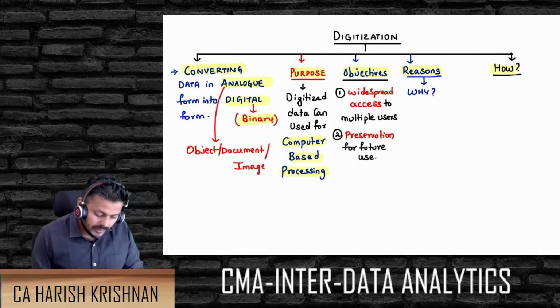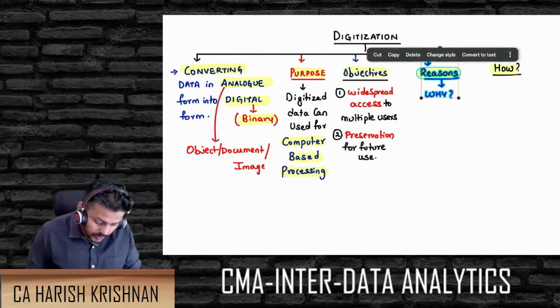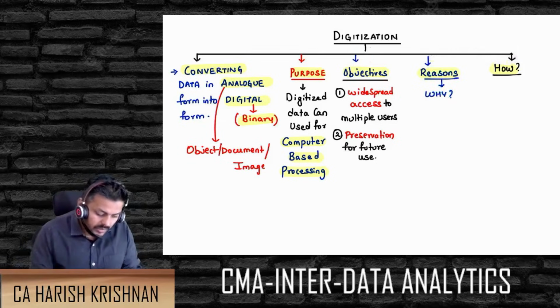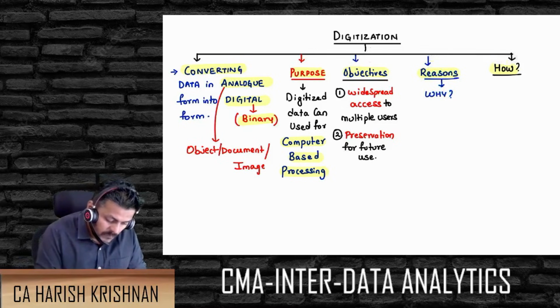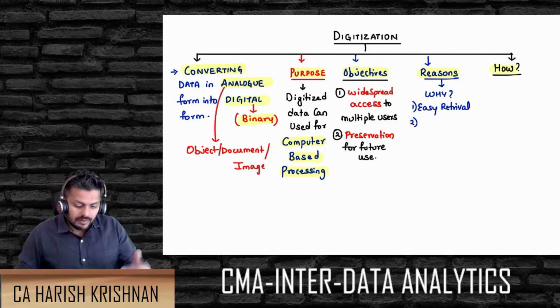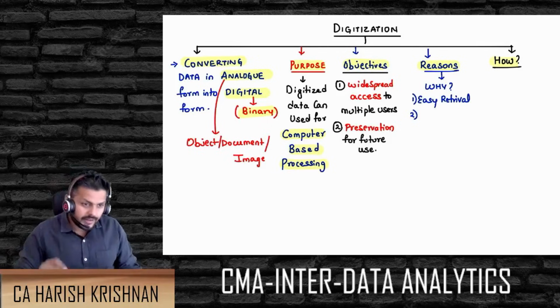Okay, let's go with the reasons, guys. I want all of you to make sure that we get all 9 in tandem. So reasons, what are those? We will see one by one. First one, as we just talked about, easy retrieval. Followed by, please understand, I've told you multiple times, you don't have to sit and read the whole thing.